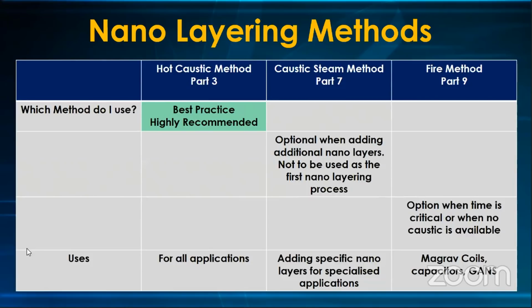So if you watch last week's episode with Dr. Rodrigo, he goes into a lot of detail with the food GANSes. So yeah, we're just talking of nano layering of the copper, nothing else. Creation of GANSes for different purposes is a different subject. Nano layering of the metal pieces is another one.